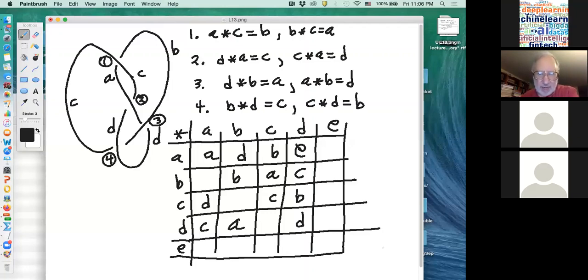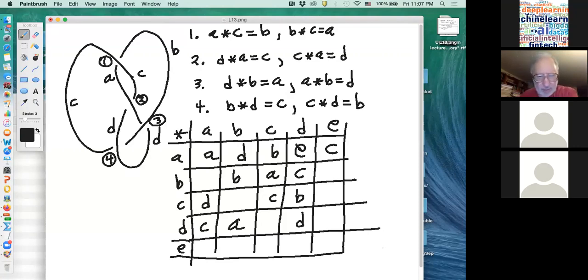So there's E. Now let's keep on going using the principle of Sudoku, right? That I want to get permutations of all the letters along a row. So here we have A, B, D, and E. We have to have C here. This will have to be C. Okay. What else can I force?